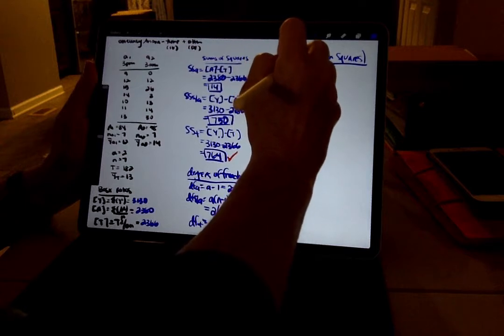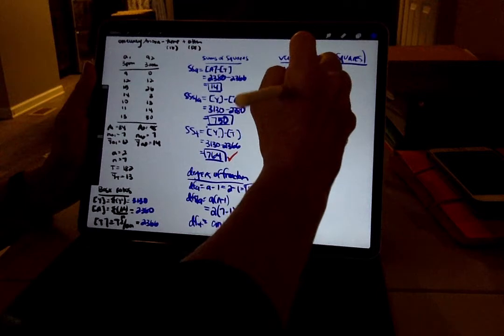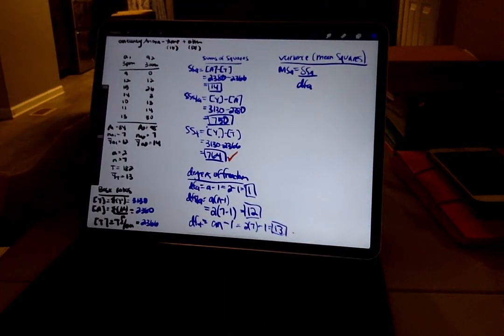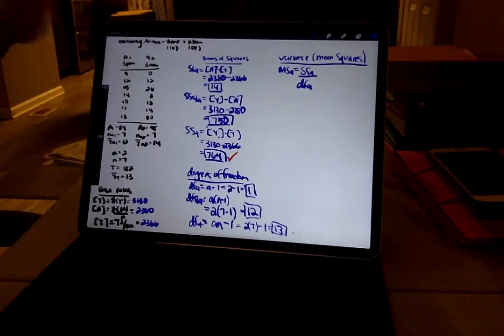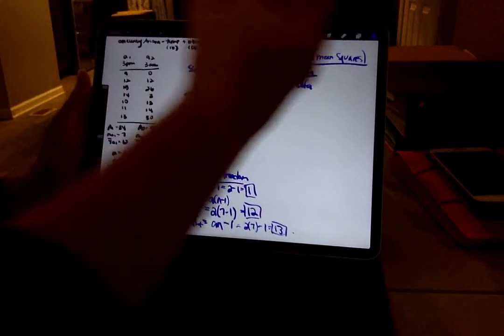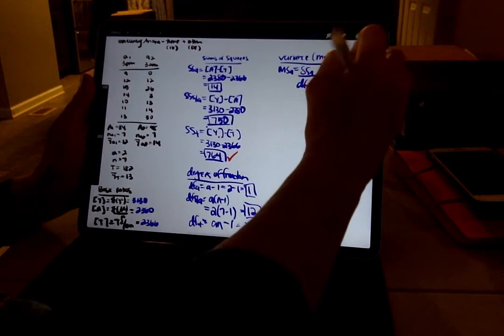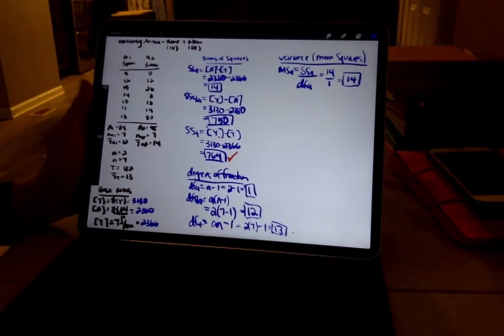So we're going to start with our mean square A, and all we're going to do here is match up our sums of squares with their corresponding degrees of freedom. So our mean square A is going to be our sum of squares A divided by our degrees of freedom A. So we've got 14 divided by 1, which is 14.